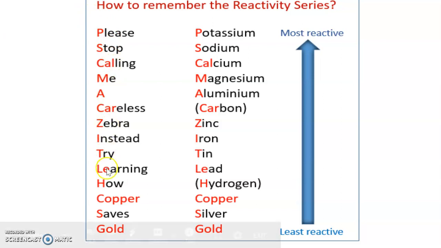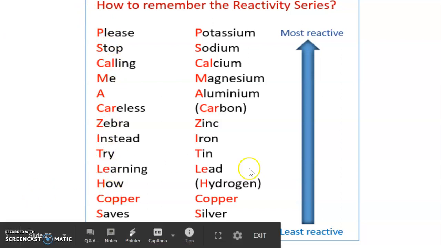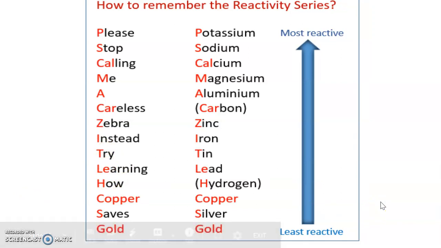Please stop calling me a careless zebra, instead try learning how copper saves gold, right? This is the rule by which we can keep the reactivity series in our mind. P for potassium, S for sodium, Ca for calcium, M for magnesium, A for aluminium, C for carbon, Z for zebra, zinc, and I for iron, T for tin, L for lead, H for hydrogen, C for copper, S for silver, and G for gold, right?